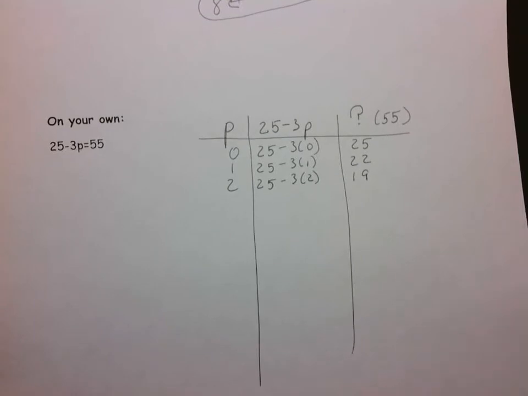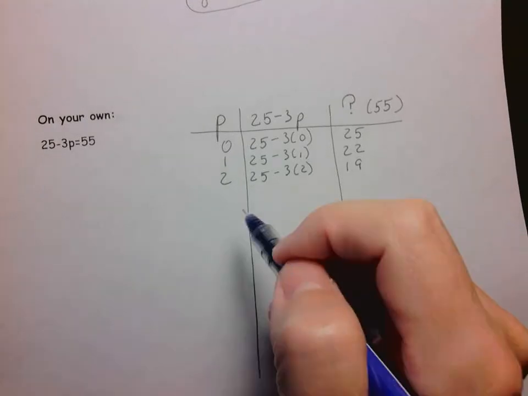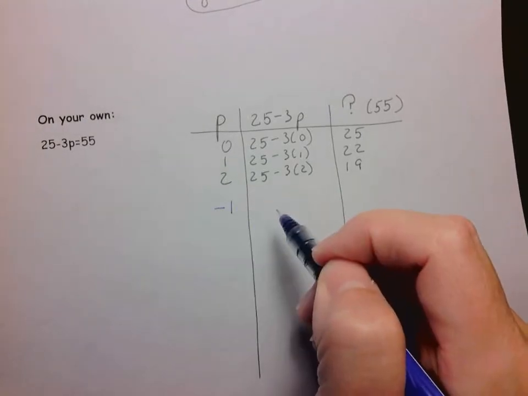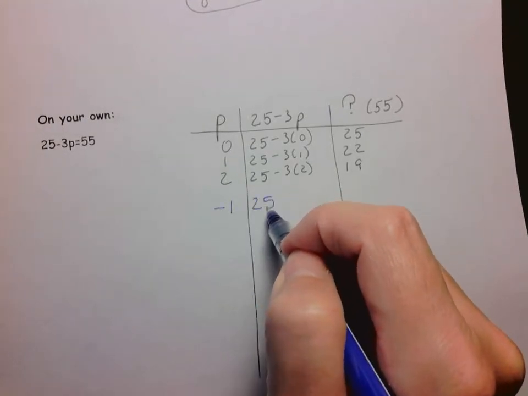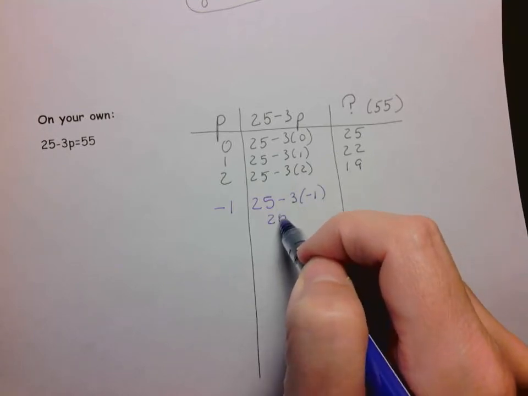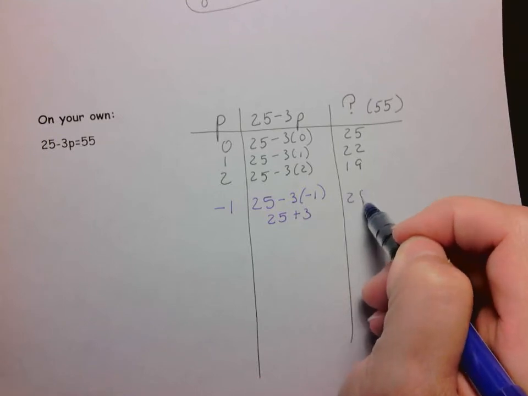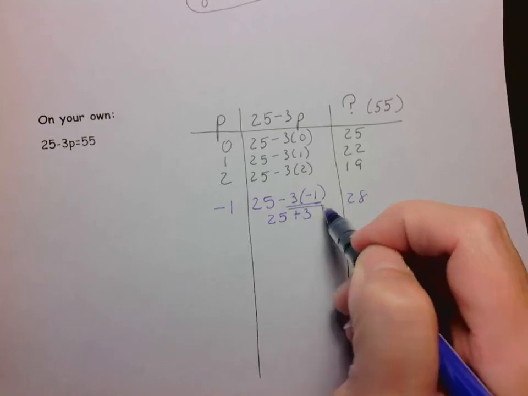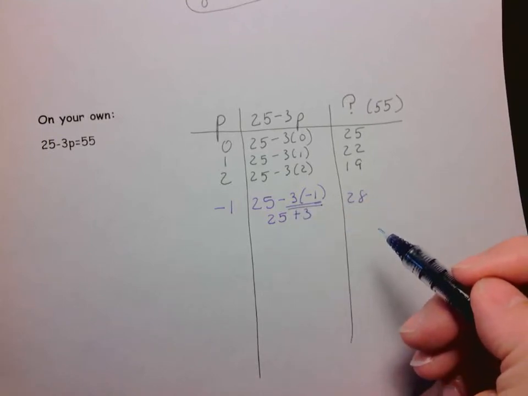So let me switch it up and let me think, all right, well wait a second, what happens if I start inputting negative values? Remember, order of operations, -3 times -1 needs to be done first.